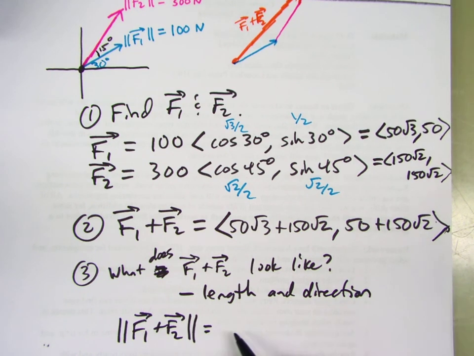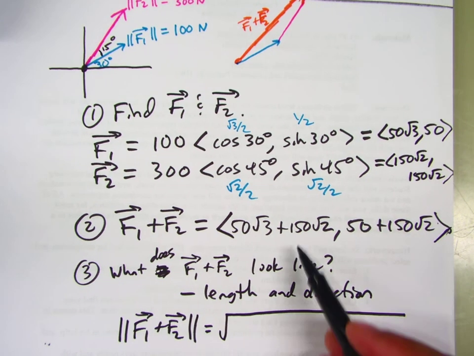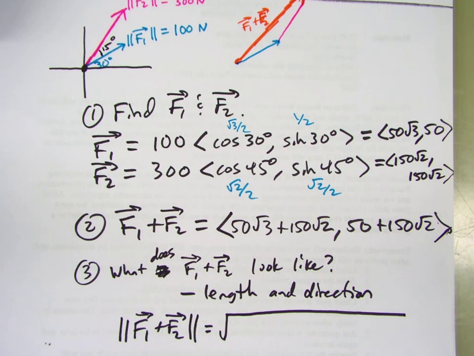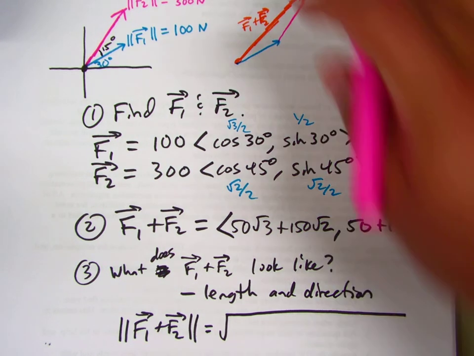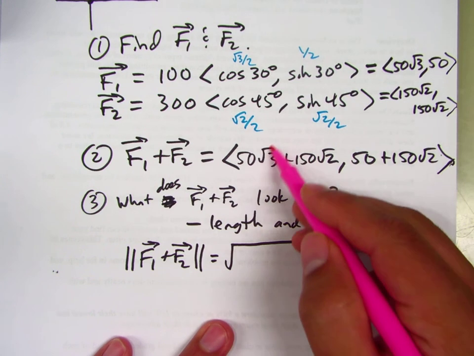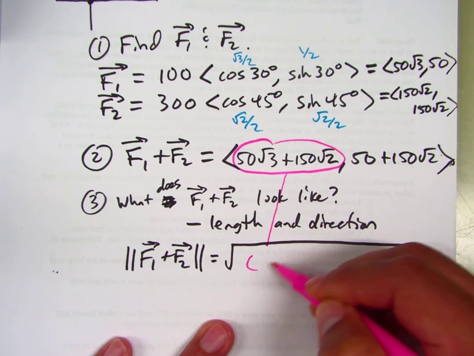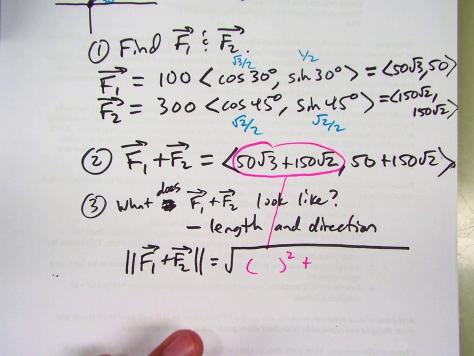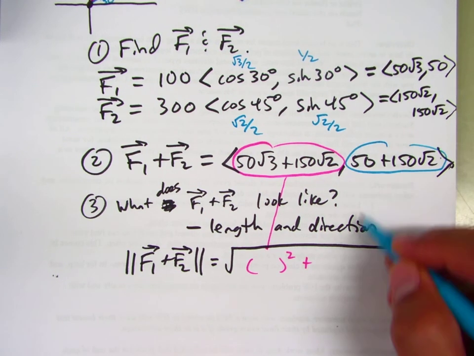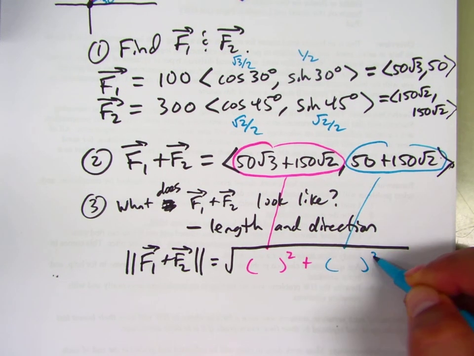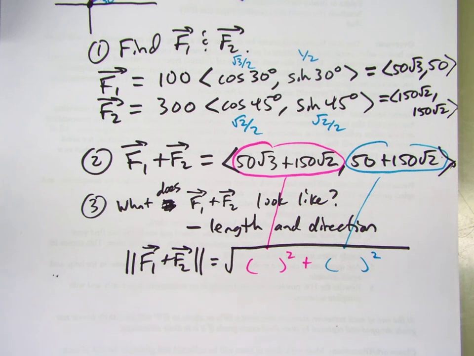Okay, so to find the magnitude, we're going to do exactly what we did before, which is to take each component and square it. Now I'm going to be a little lazy because I don't want to make this video longer than need be. I'm going to take the x component and square it, and take the y component and square it.